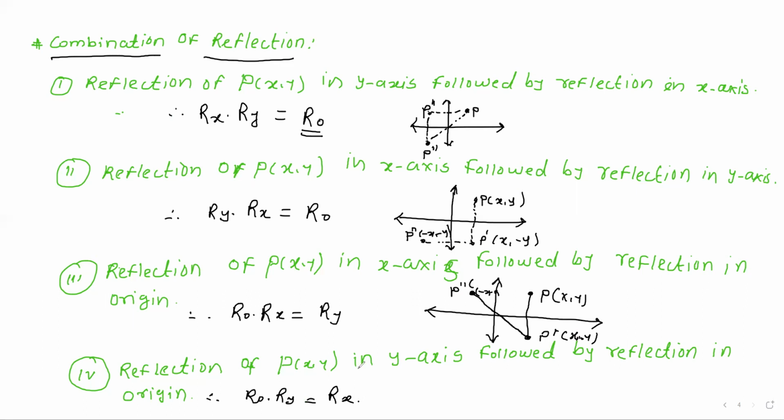So these are the basic four results which you can use to simplify the reflection of points along the coordinate axis. These are all the points which we have covered in this chapter. I hope you have understood it. We will stop here. Thank you.